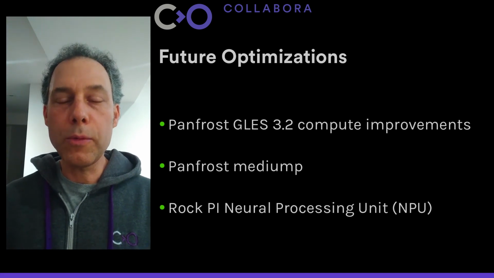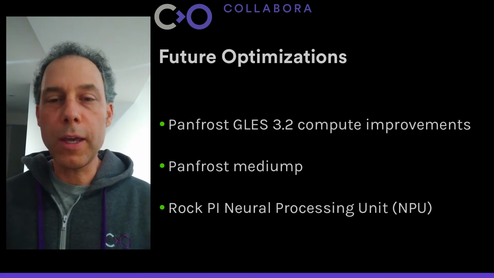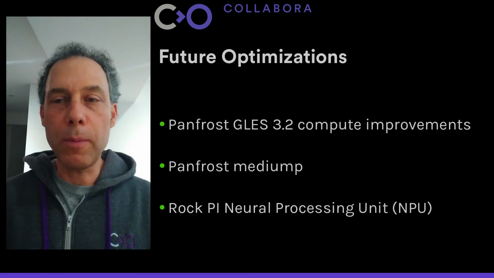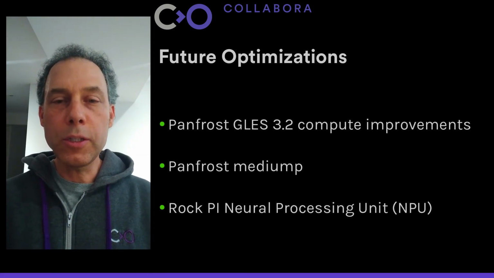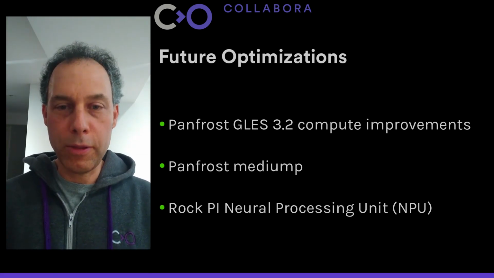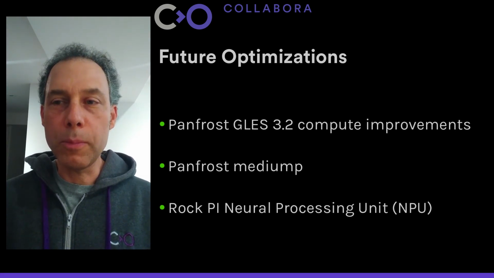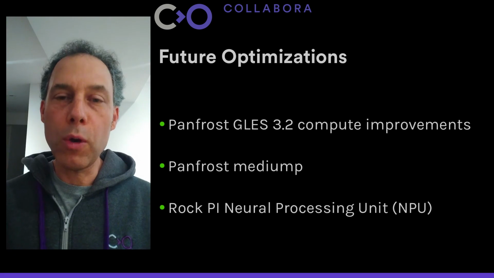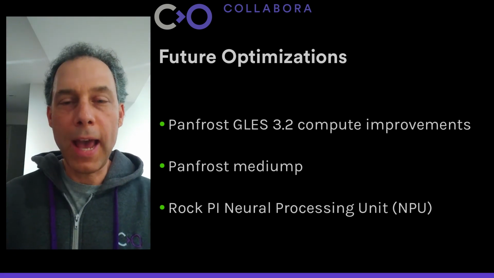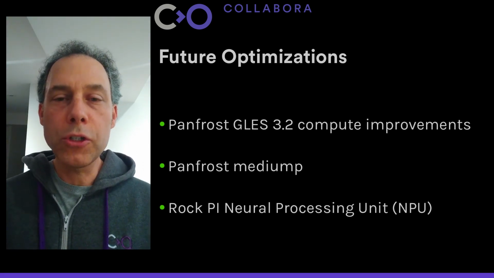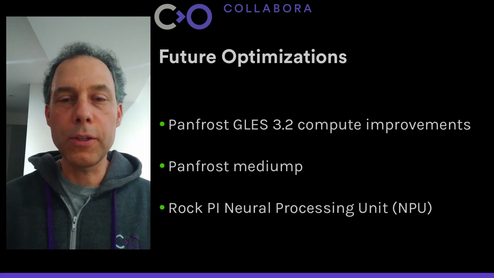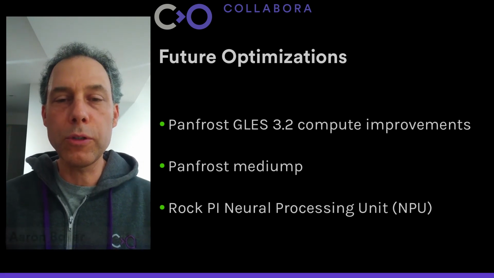If you recall, we were talking about quantization of the model. Medium P supports 16-bit precision rather than 32-bit precision in the driver. And so if we were able to add medium P, then we can quantize our models by half. And so that should give us a big boost in terms of performance, and also reduce our memory requirements and our power usage.